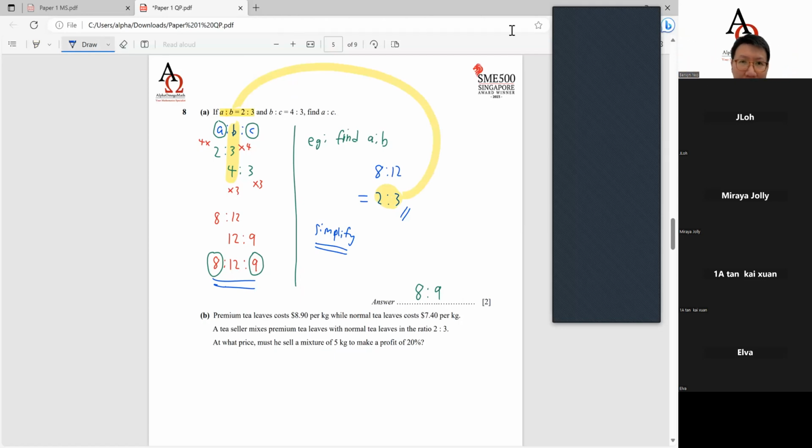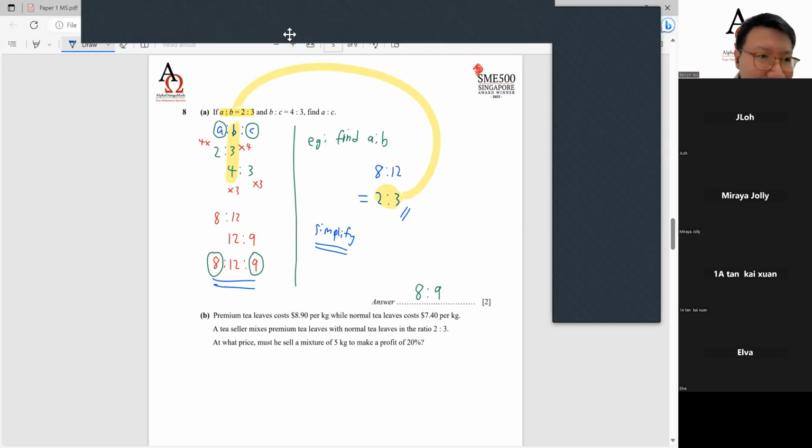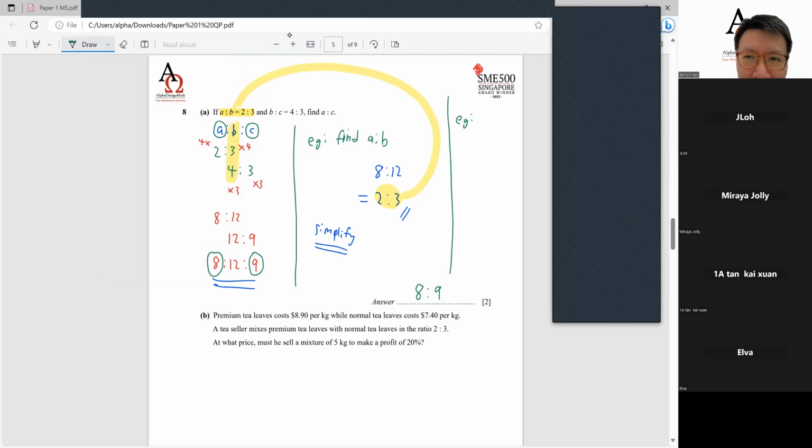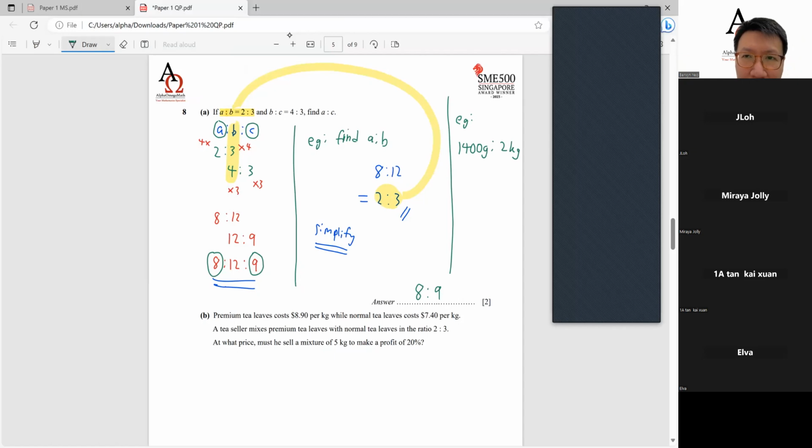And one more thing. The final answer for ratios should not contain any units. What do I mean by that? One more example. It's quite important, so I'm going through a few examples for you. Let's say the question is simplify 1,400 grams is to 2 kg maybe. First step, I will express both of them in grams first.